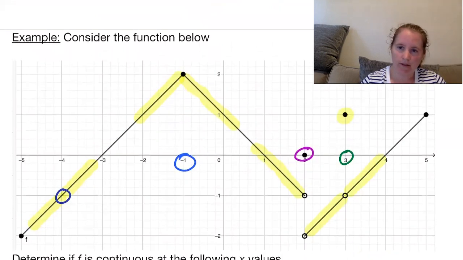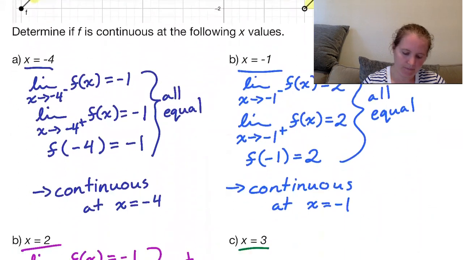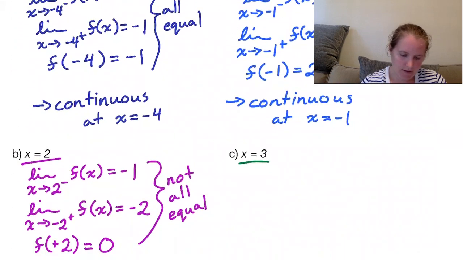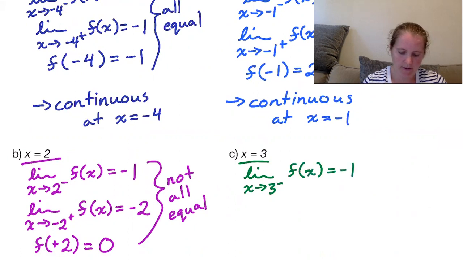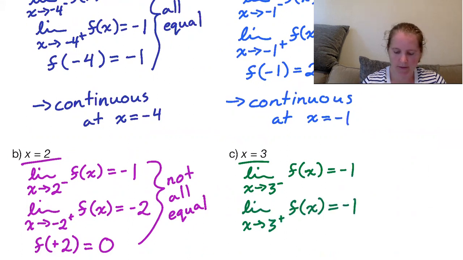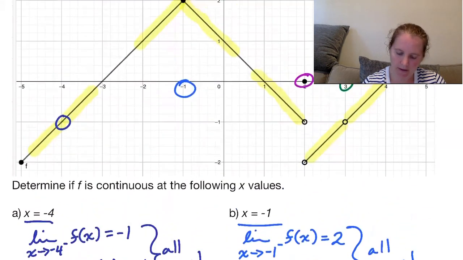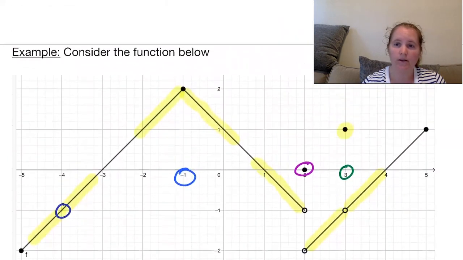So if we look at 3, the limit as x approaches 3 from the left of f of x is -1. The limit as x approaches 3 from the right of f of x was also -1, if I remember correctly. And then the function value is 1.